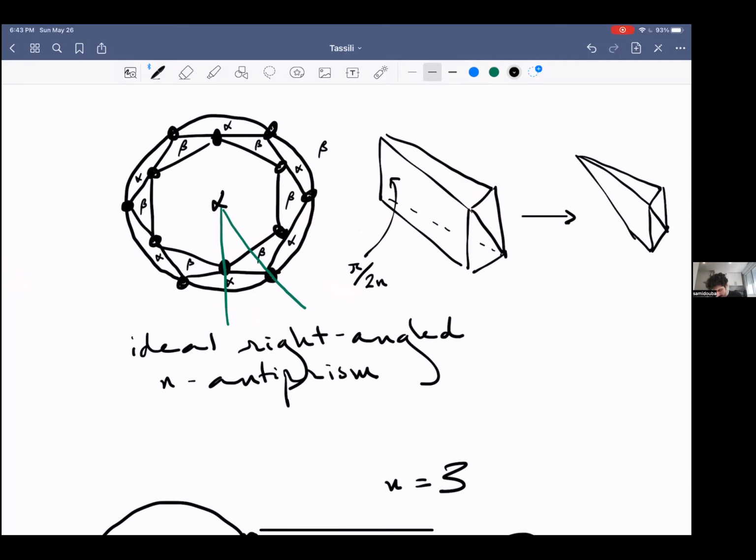But yeah, Dehn filling is secretly happening here, and there's a conceptual reason that the two distinguished sides of this antiprism are getting closer and closer together.